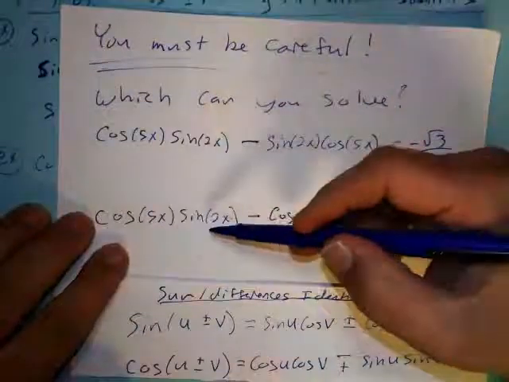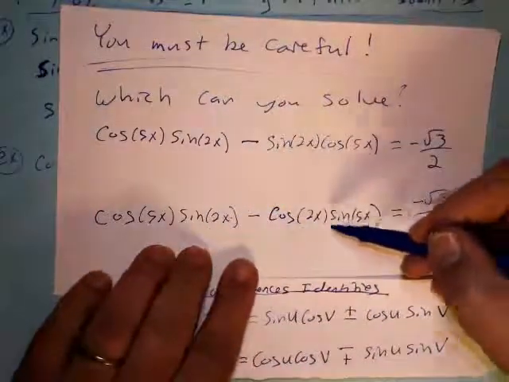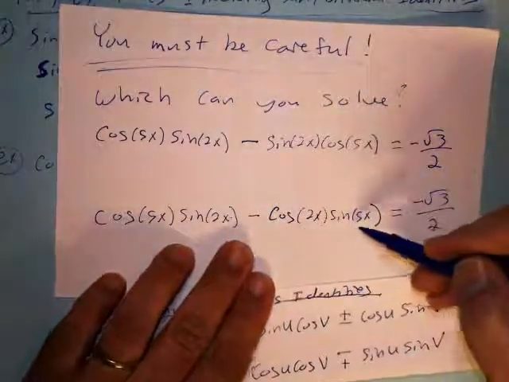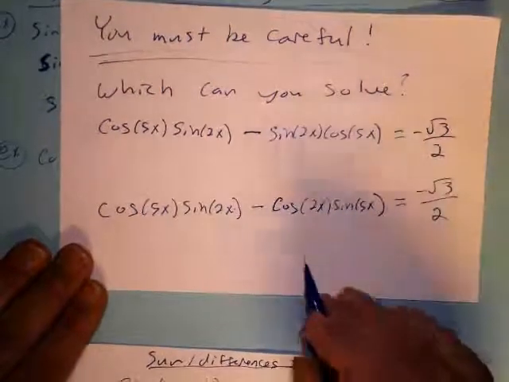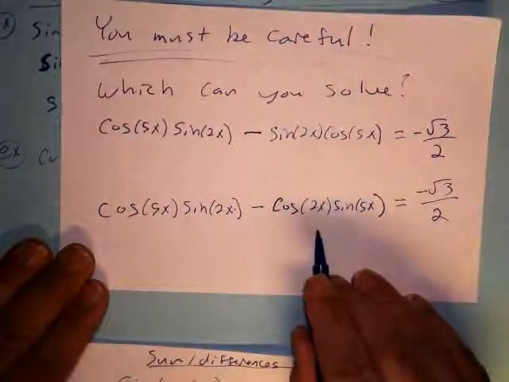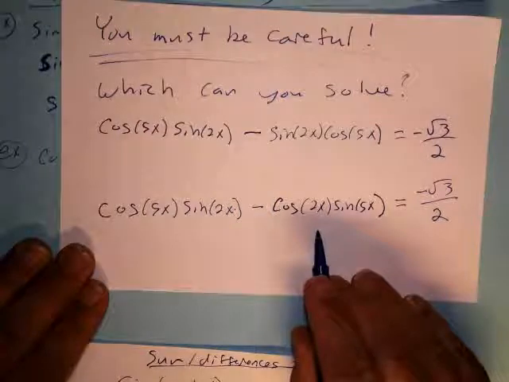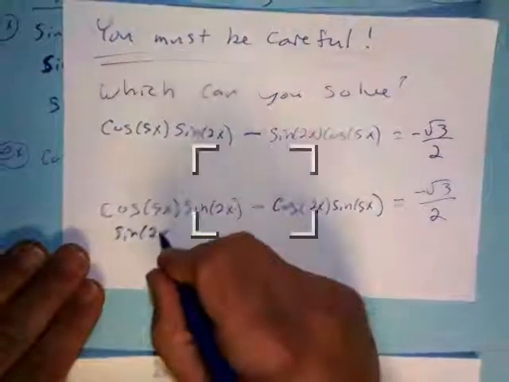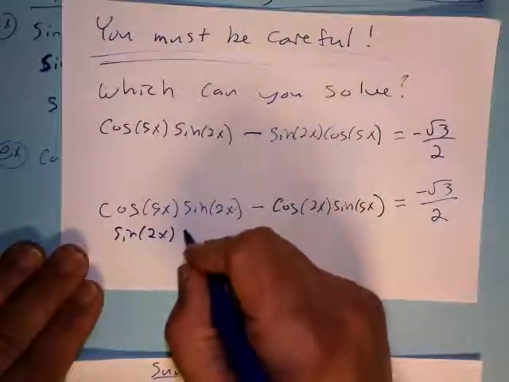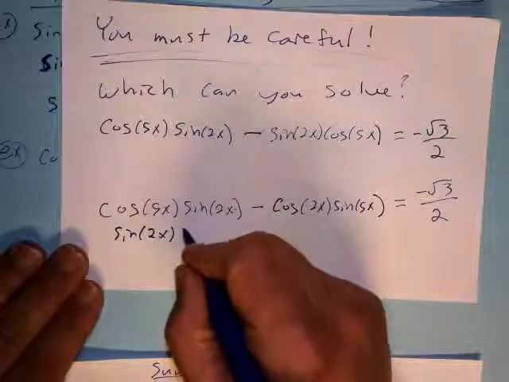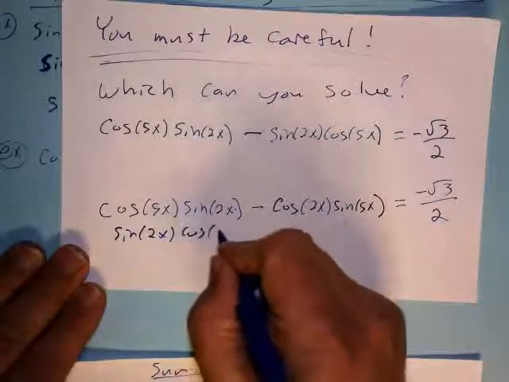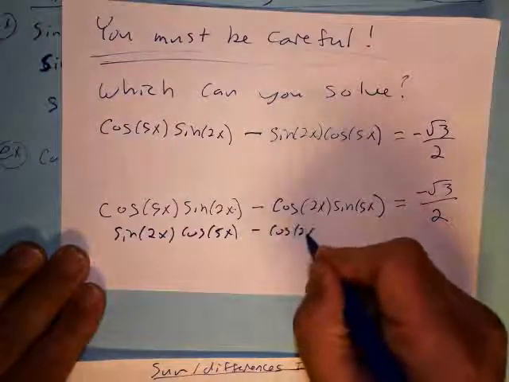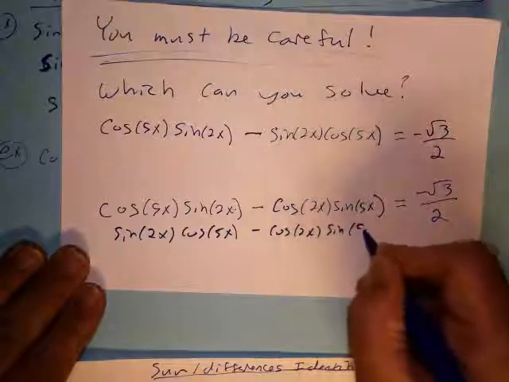I could commute those around, and then leave this the same way. So if I rewrote it like this, sine 2x cosine 5x, and then this would be minus cosine 2x sine 5x.